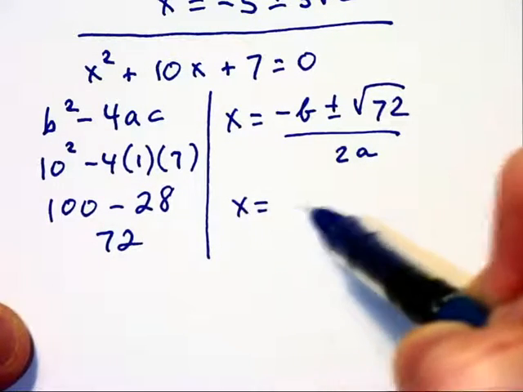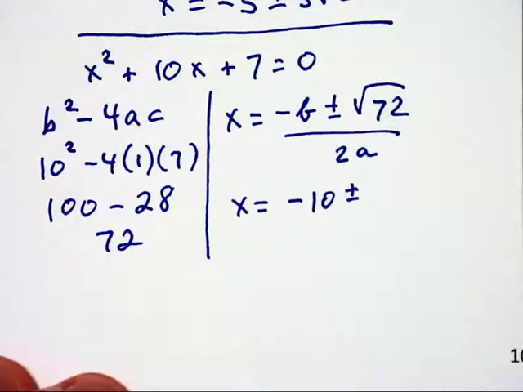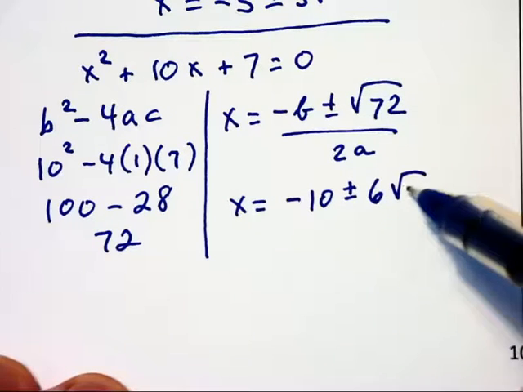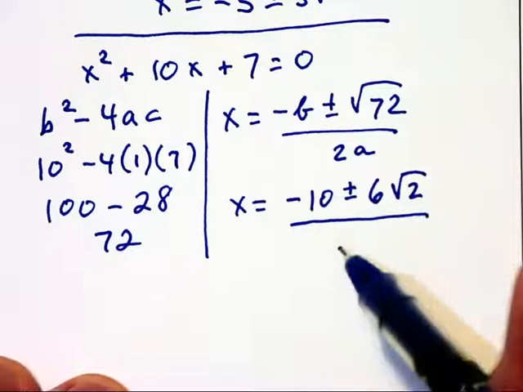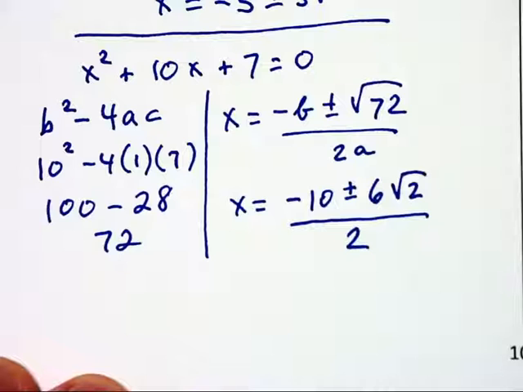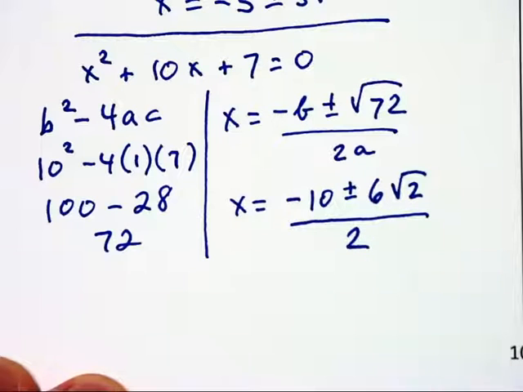This becomes x equals negative 10 plus or minus, well, the square root of 72 is 6 root 2 because 36 times 2 is 72 and the 36 square roots to a 6, all over 2a, which is 2 times 1, which is 2. Now you've got to be very careful with how you cancel, because that 2 cannot be canceled with either the negative 10 or the 6, but rather with both of them.